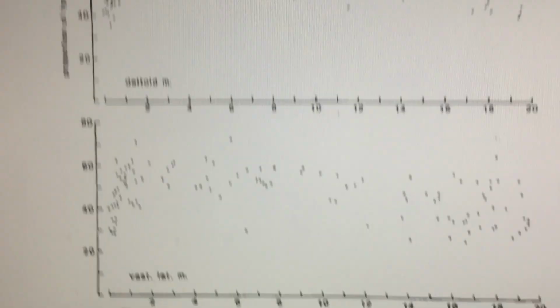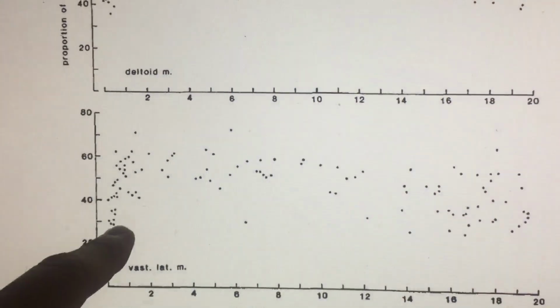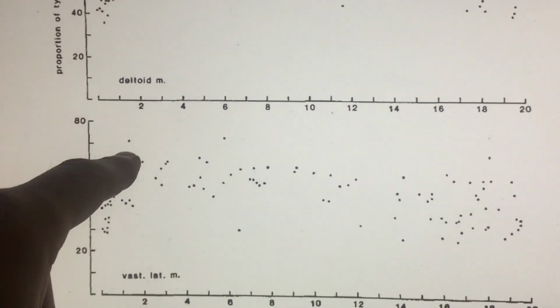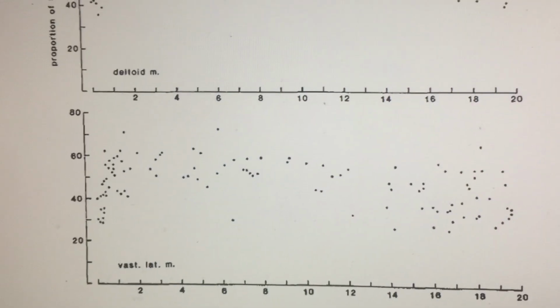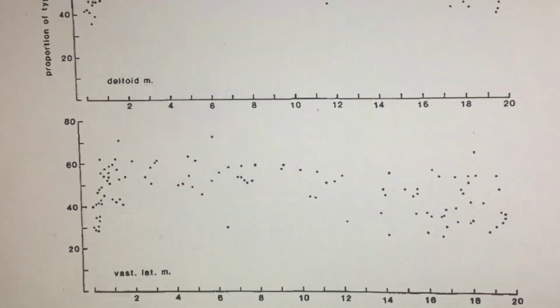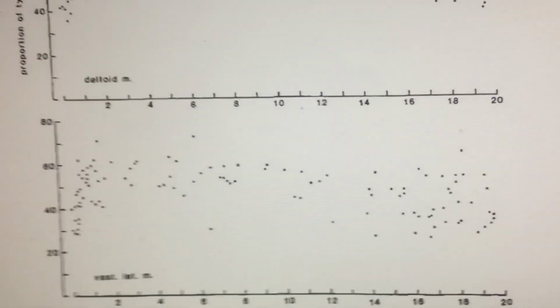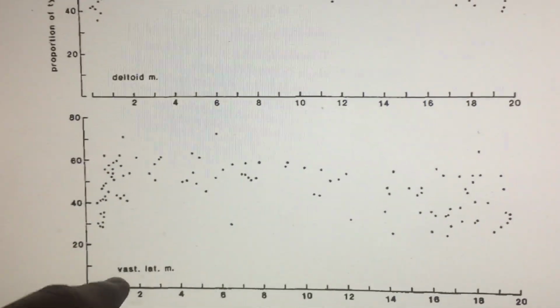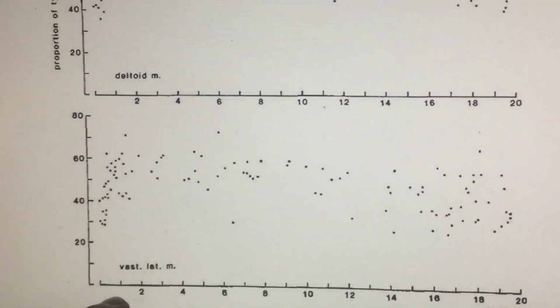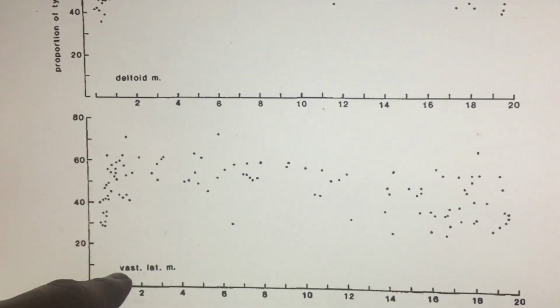And then as the toddler hits the age of 1, their type 1 muscle fibers, or their slower fibers, start to increase. And then that's pretty much maintained throughout, up to the age of 20. So that transition at the age of 1, that's around the time point where a kid will learn how to walk.